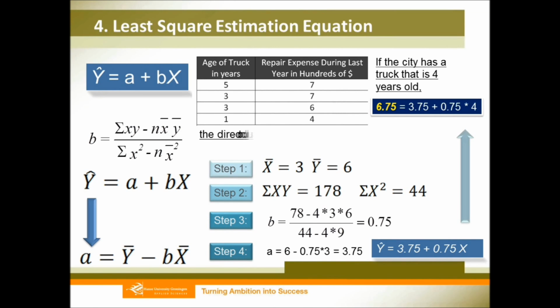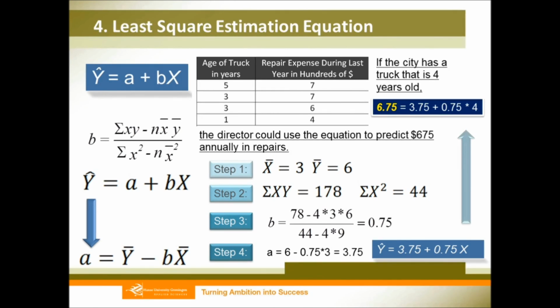So now we can conclude, if we have a truck which is 4 years old, we can predict that we need to spend $675 annually for repairs. So that is why we need to use this regression equation. So the basic concept of regression analysis is that formula: y hat equals a plus bx, and a is the intercept while b is the slope.